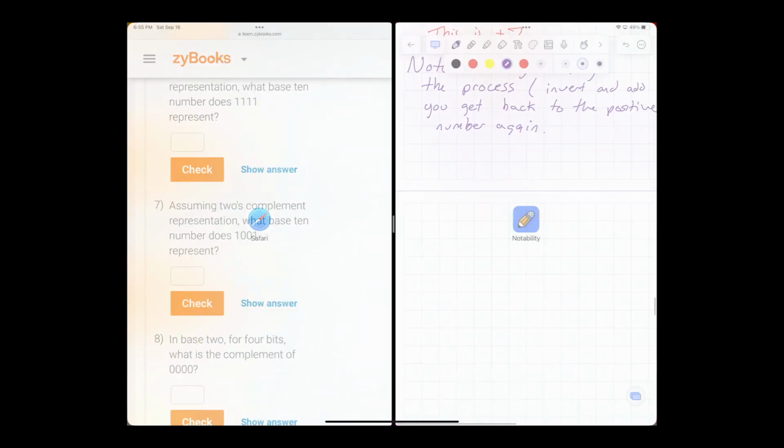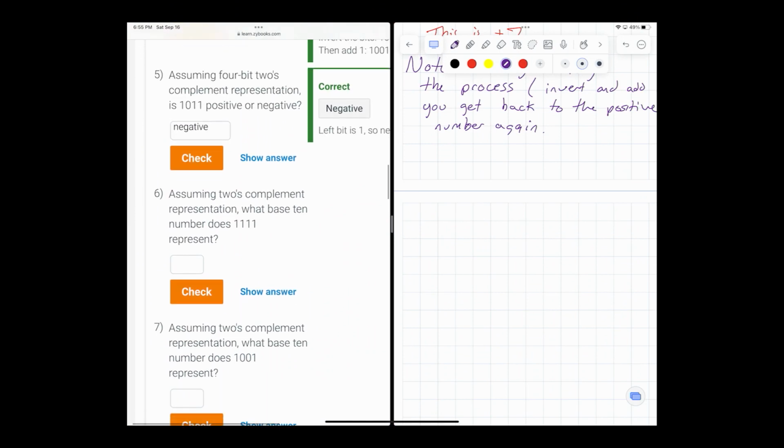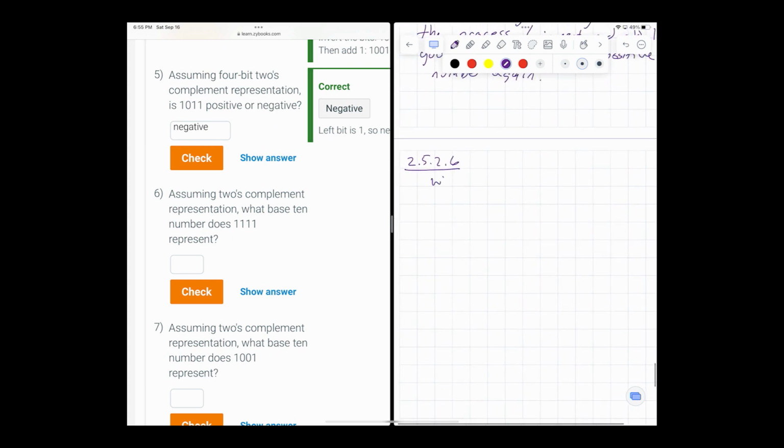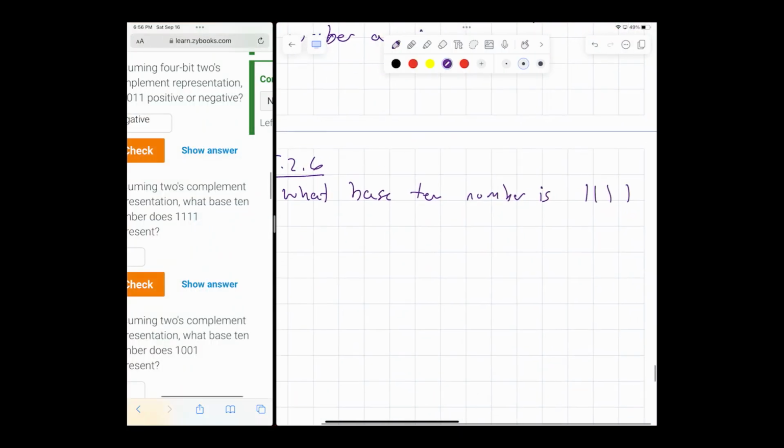So if you have a problem like number 6 here, 2.5.2.6, and it says what base 10 number is 1111, and that's assuming 2's complement, right? Because if you were not dealing with 2's complement here, this number would be 15. But with 2's complement, it's not 15.